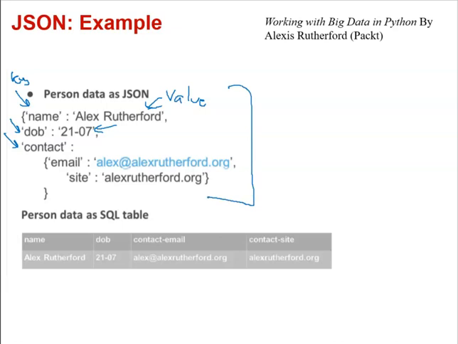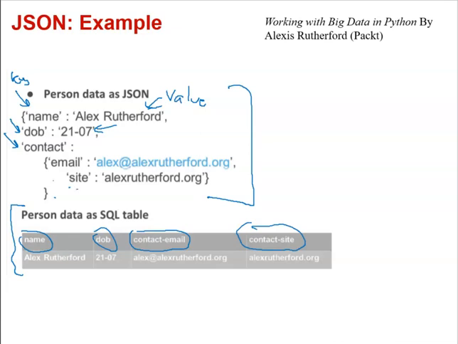Now if you want to store the same information in SQL, just for a comparison, how would this look like? So we know that you need a table with rows and columns where you would have the name, date of birth, so these are the column names, right? Each of these quantities would be column names. But now obviously in the JSON format, you have more freedom to add more information.